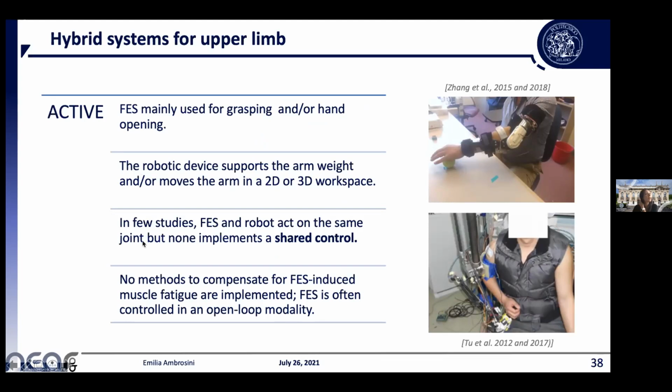In a few studies, FES and the robot act on the same joints, but none implements a shared control, and no methods to compensate for FES-induced muscle fatigue are implemented. Indeed, FES is usually controlled in an open-loop modality.